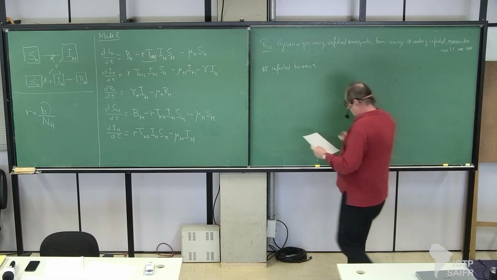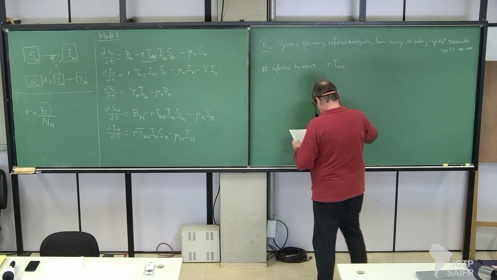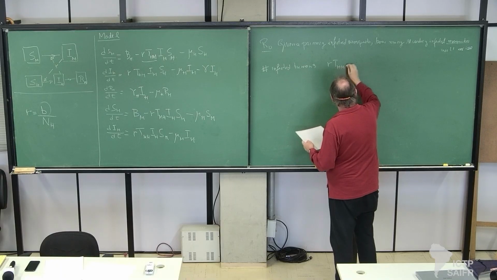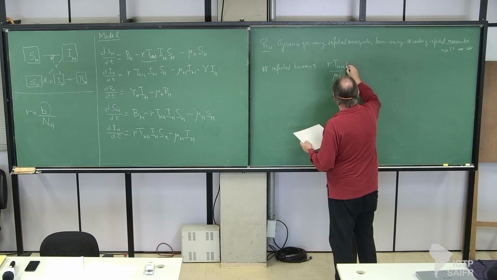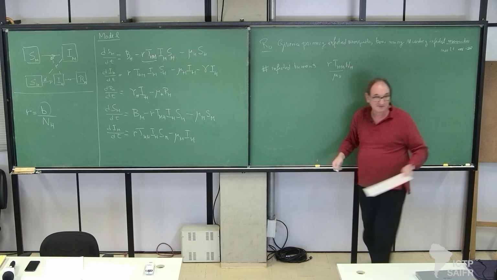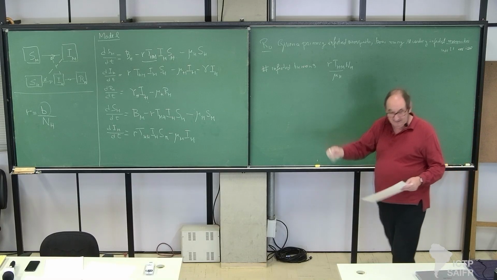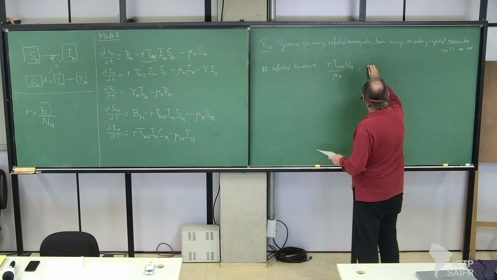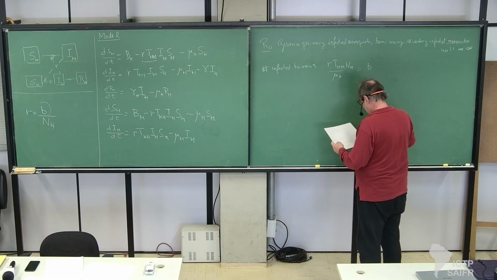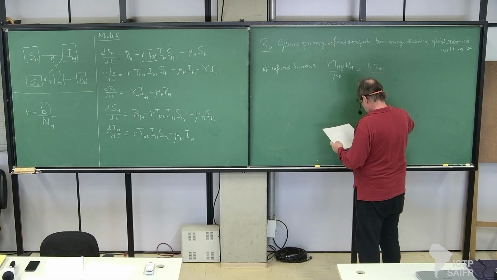So this will be R T-M times mu hash times the total number of humans. So this is the number of secondary cases, which is actually equal to R times T-M divided by mu M.